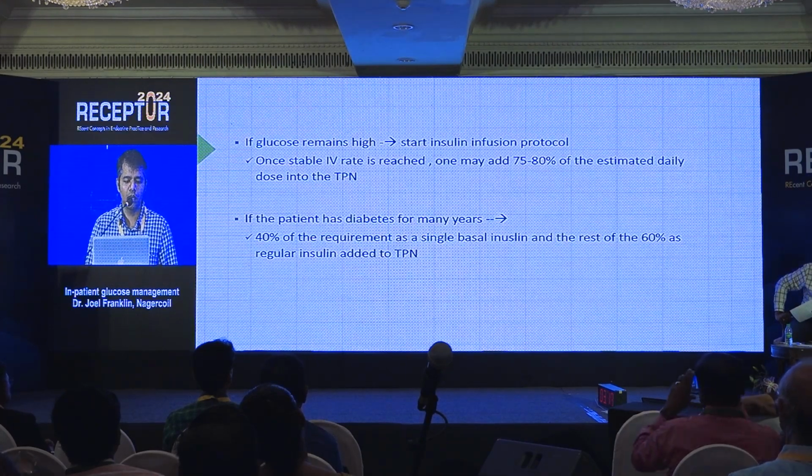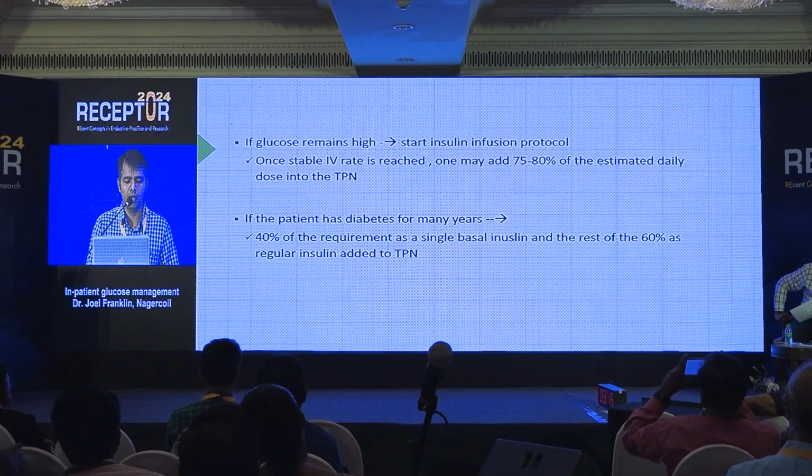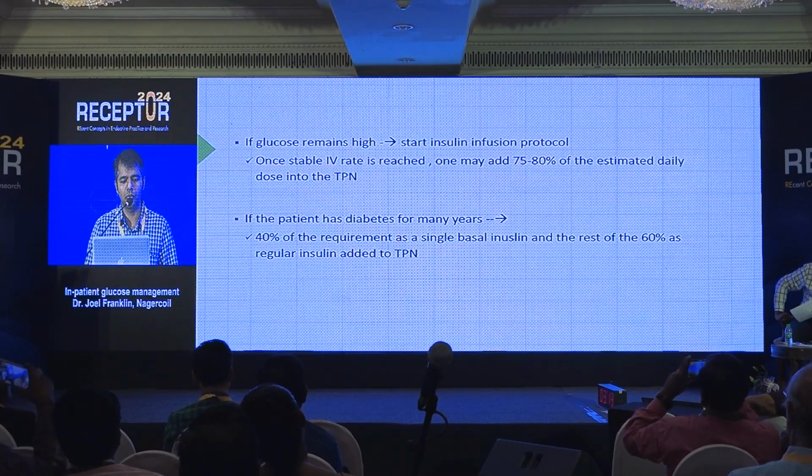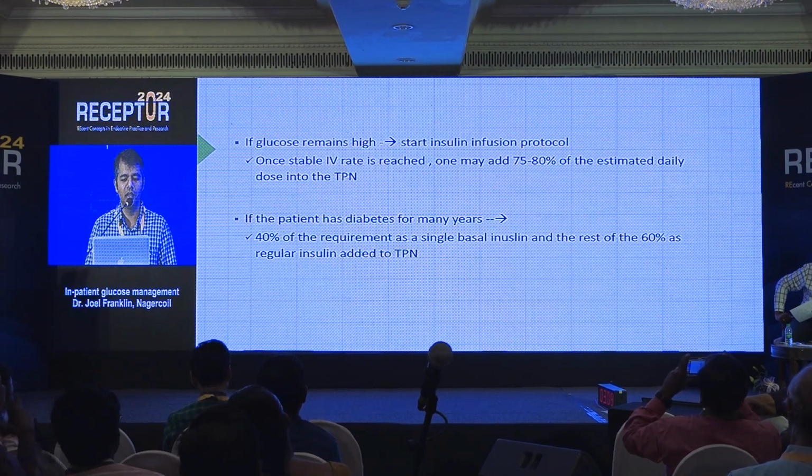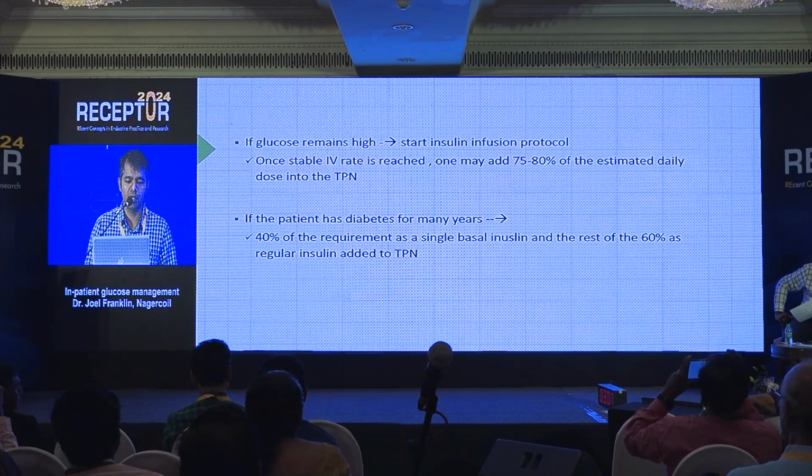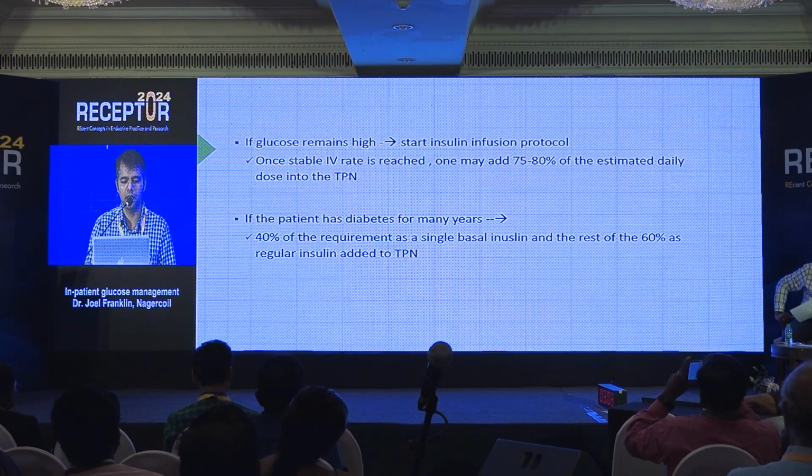Okay, now you have administered regular insulin in the TPN bag. So what next? If the glucose levels remain high, which we might mostly require because it won't be controlled with only the regular insulin in the TPN bag, you start the patient on insulin infusion protocol.